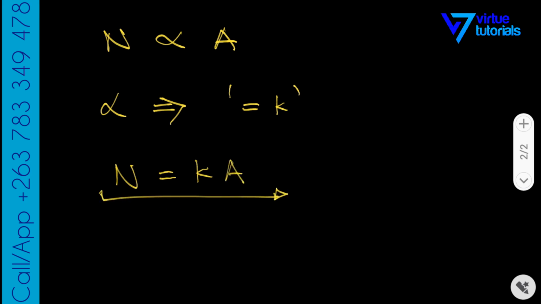Okay, so now k is a constant, right? Now remember, I called n and a variables. Now variables are quantities whose value can change, right? When I'm in a shop, I can change the number of loaves I can buy. It can be 2, 3, 4, 5. I can change the amount that I'm going to pay by changing the number of loaves, right?